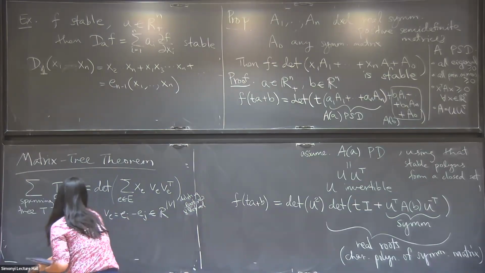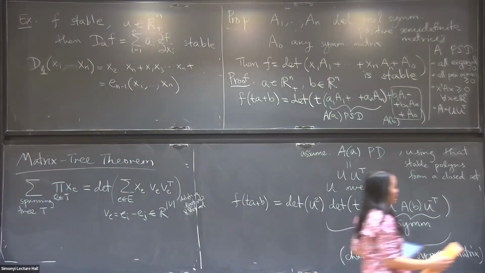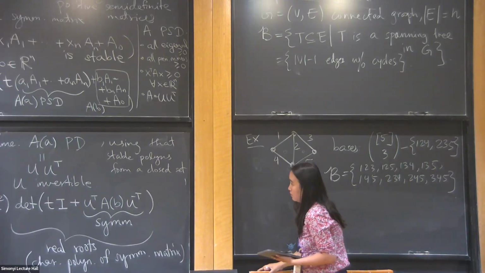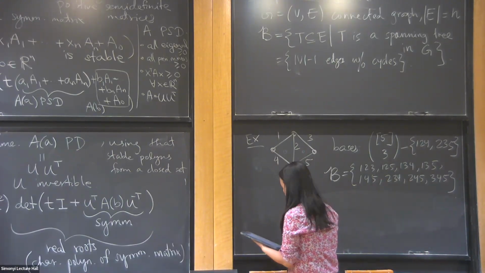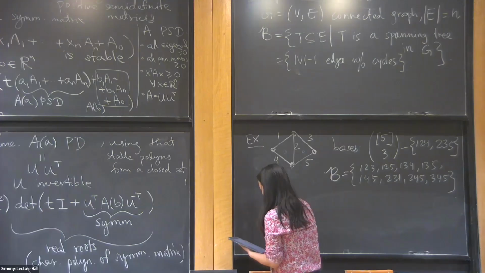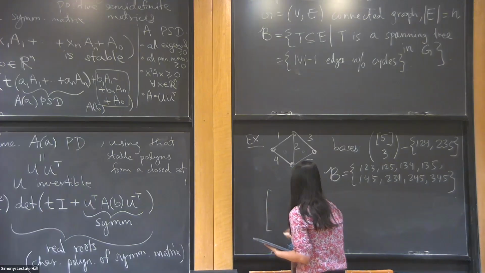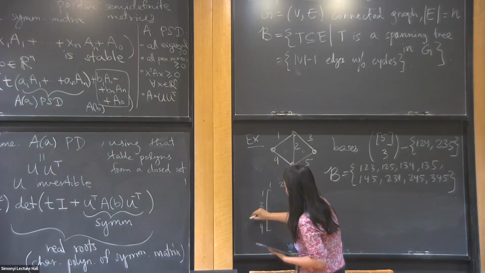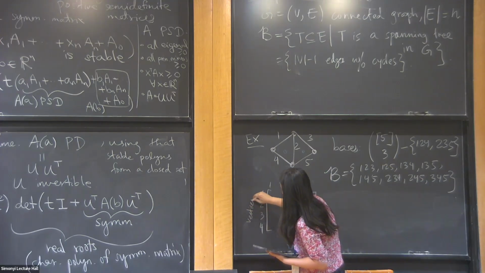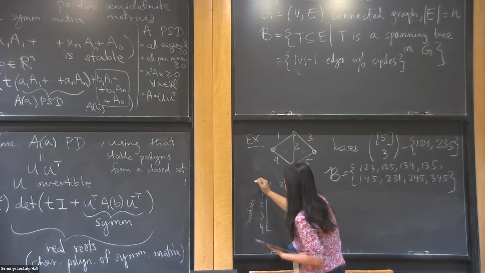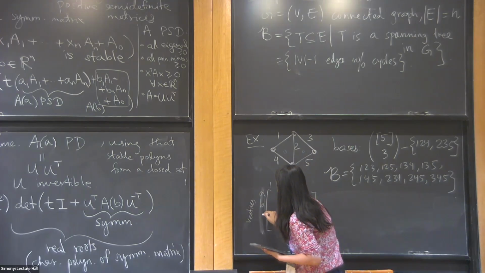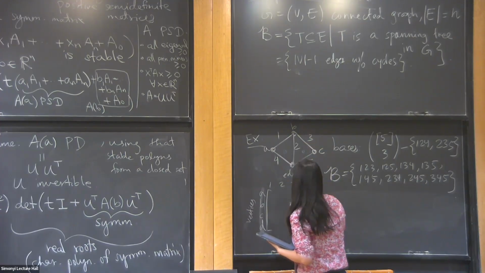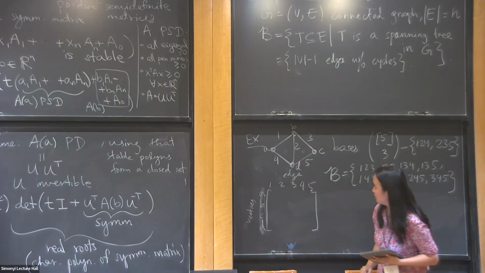Then I'm going to do it in an example. It'll be more clear what I mean. So going back to this example, the way I wrote it over there, you can also write it like this, working in R^4. These are the vertices, and maybe I should give them different names, let's say A, B, C, D. The columns are the edges.